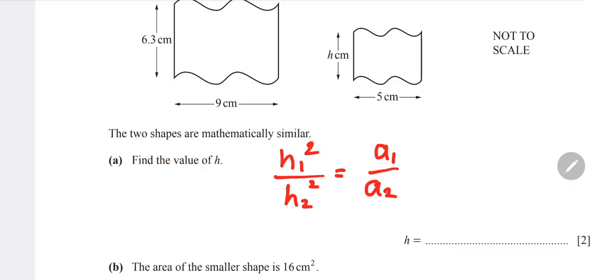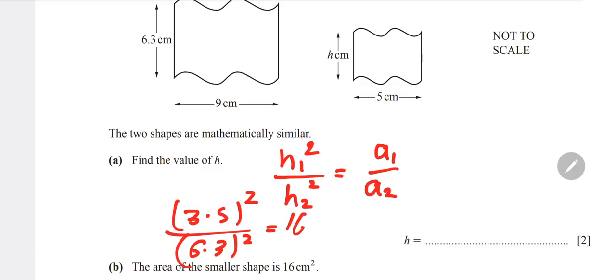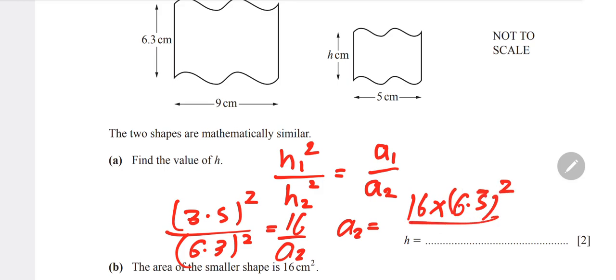h1 is given as 3.5, as we already found, so 3.5 squared. Here 6.3 squared is equal to 16 over A2. So A2 is 16 multiplied by 6.3 squared over 3.5 squared.